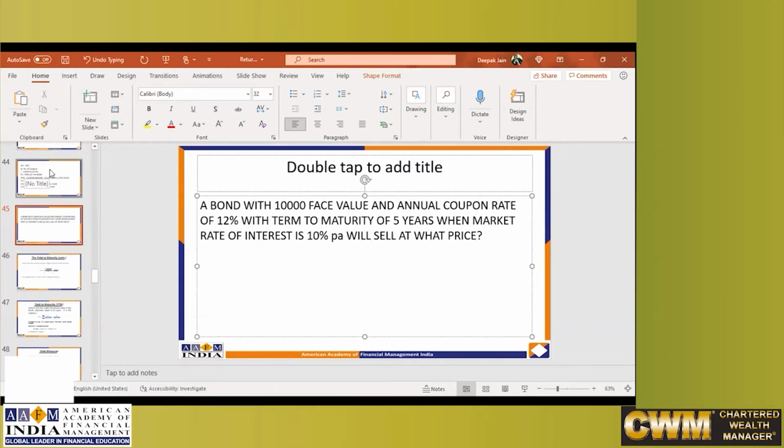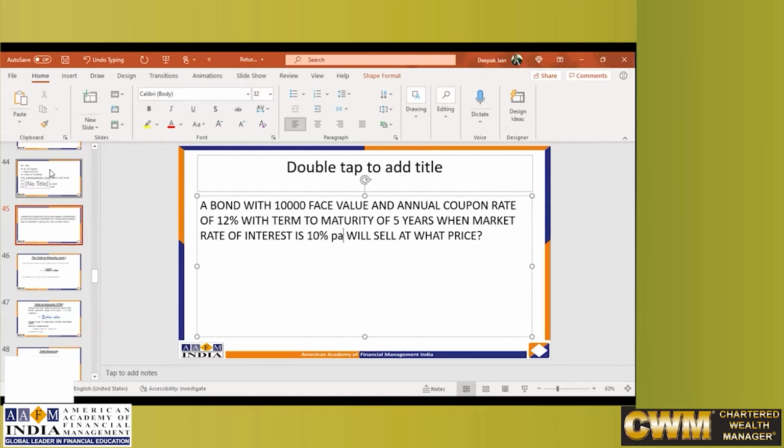So I said set is end. Set is end. So put set as end. N is number of payments. So how many is number of payments? Annual coupon, 5 years. So N is 5. I is the market rate of interest, which is 10%. PV you have to find out. PMT is 12% of 10,000.